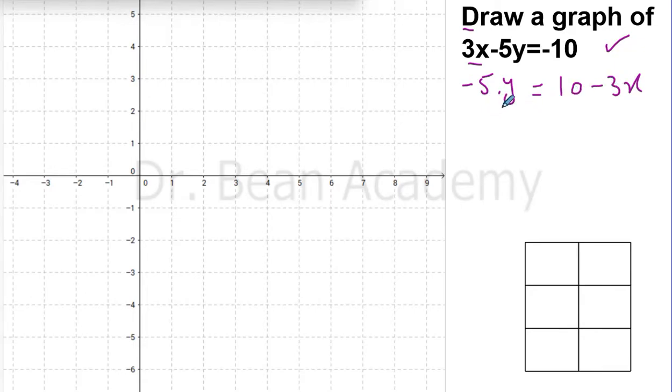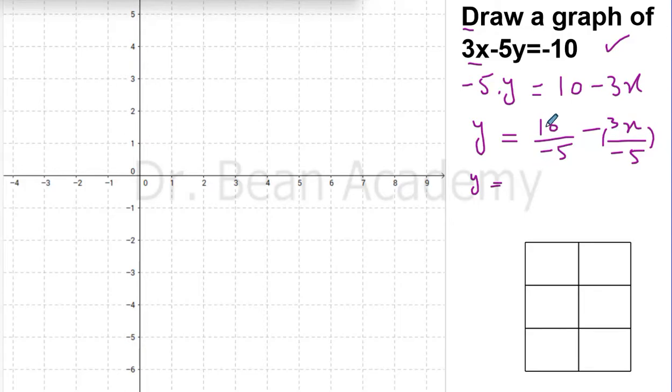Now I want to isolate this y on this side. So I will divide both sides by negative 5. So it will become y equals 10 divided by negative 5, then negative 3x over negative 5, because I am dividing the whole equation by negative 5. Now the rest is easy.